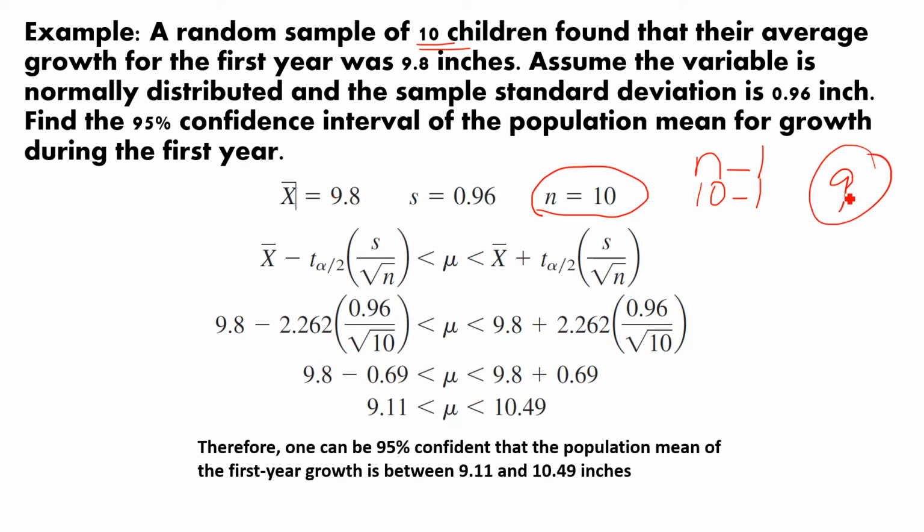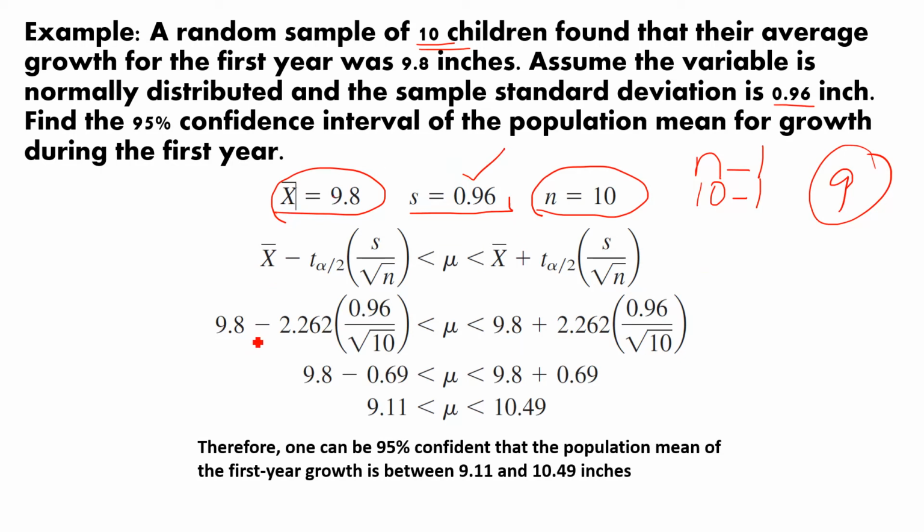In the table we will see 9. Their average growth for the first year was 9.8 inches. So this is the average, the mean. Assume the variable is normally distributed and the sample standard deviation is 0.96. It's also given. We just have to put these values in the formula.